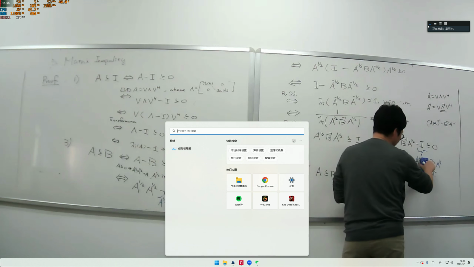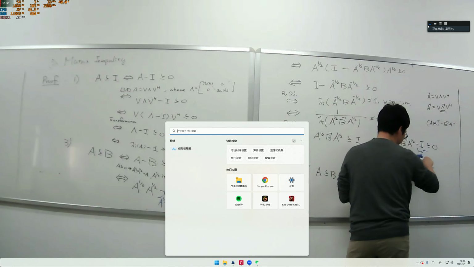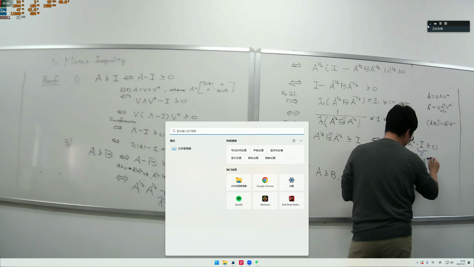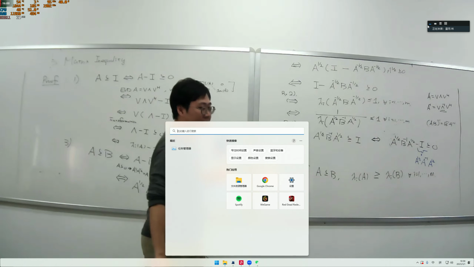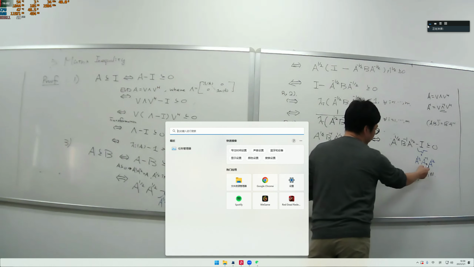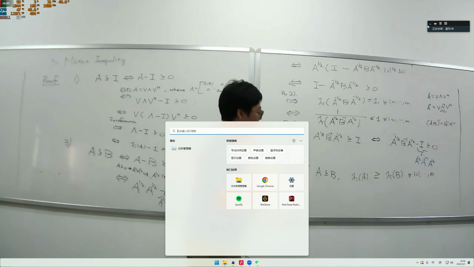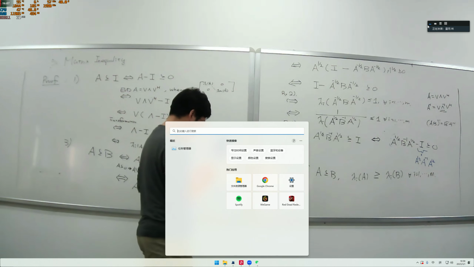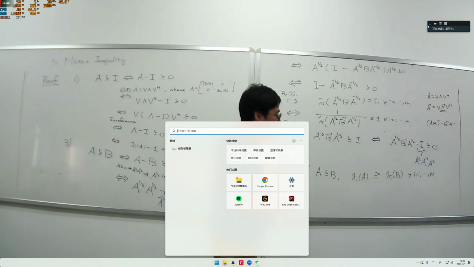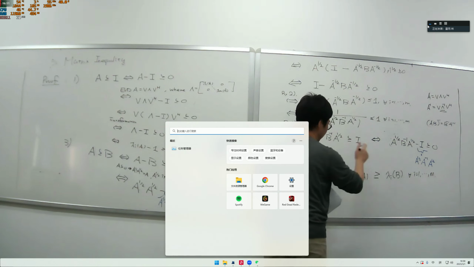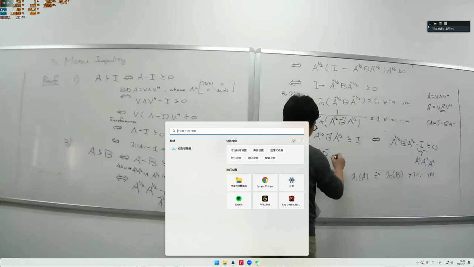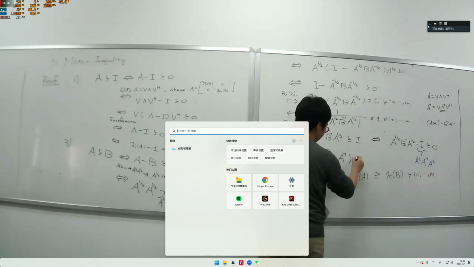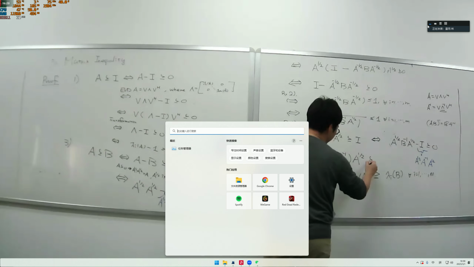Or here I write A inverse. This is identity. You can write identity like that. So then A square root B inverse minus A inverse A square root is PSD.